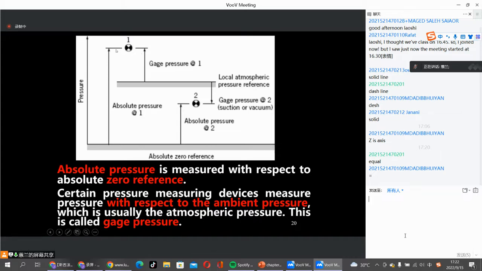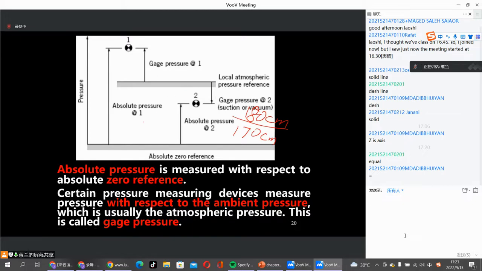Just like we know absolute error, relative error, right? It's just like that. Say your height is 180 centimeters. And if the average height of your class is 170 centimeters, so 180 centimeters is your absolute height, right?